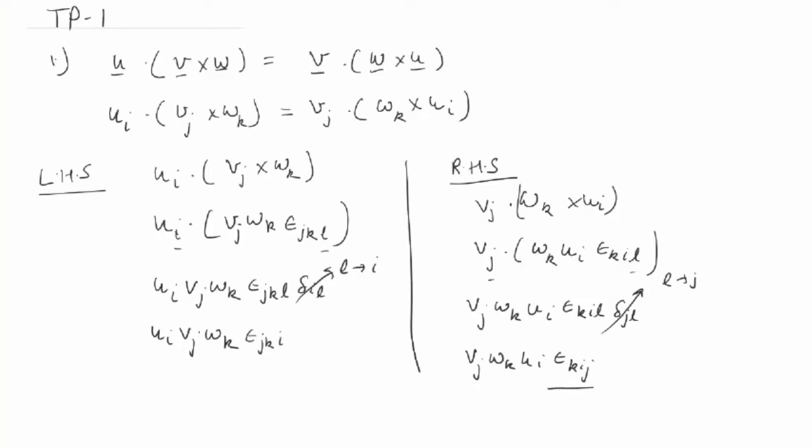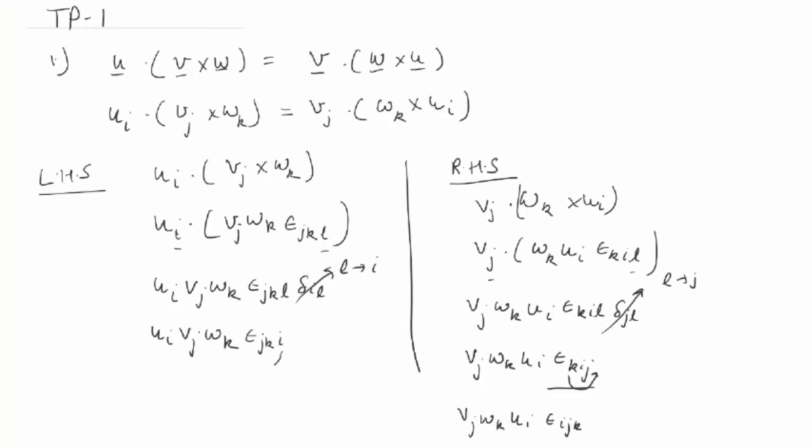Now this e k i j, if we rotate it in a cycle, the quantity remains the same. So this can be written as vj wk ui e i j k, where I have taken k to this side.